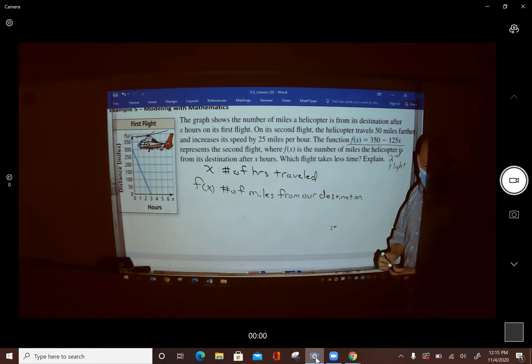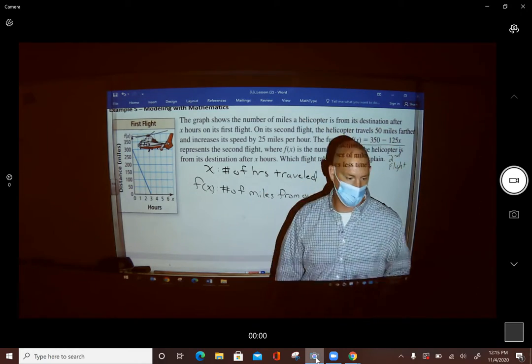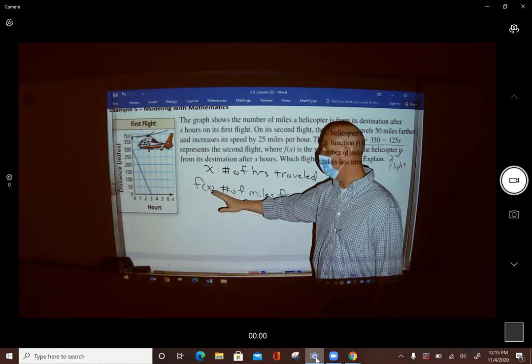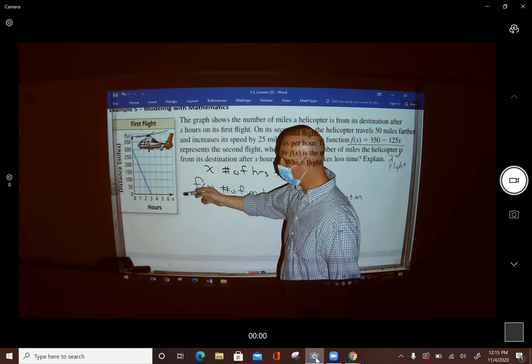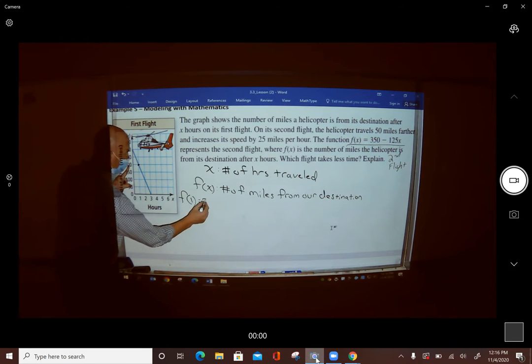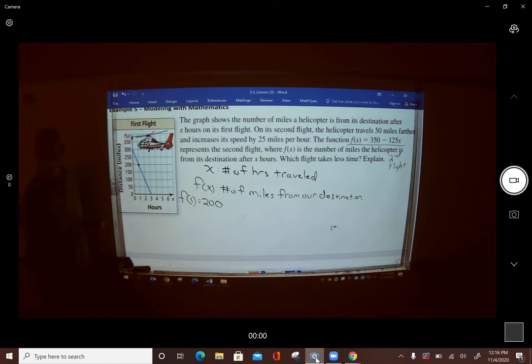So first, let's get our information from the first flight. You guys follow me with this? When we look at this graph, we've got our inputs and our outputs, our x's and our f of x's. I'm just going to pick one point. This point can be represented as f of 1 equals 200.